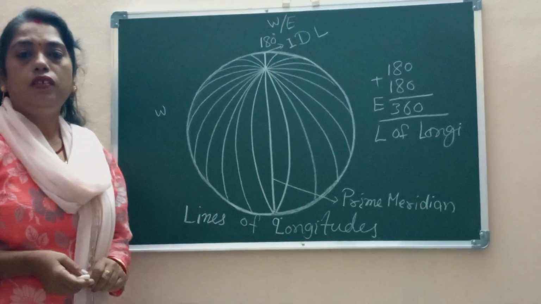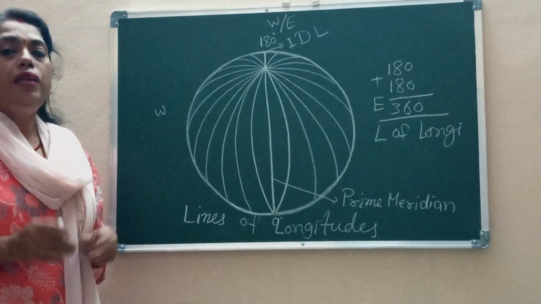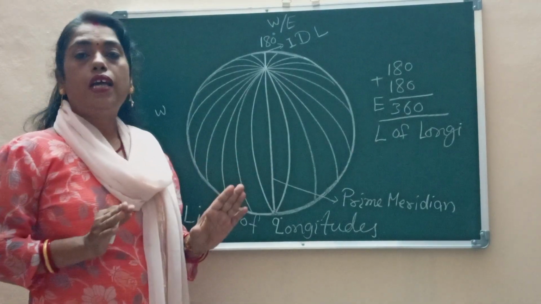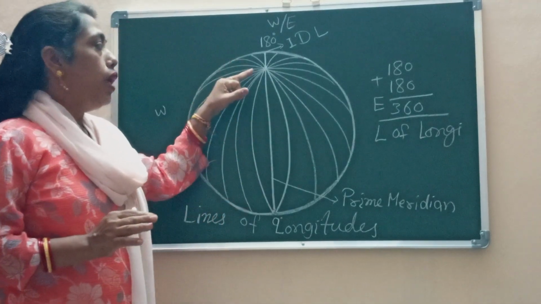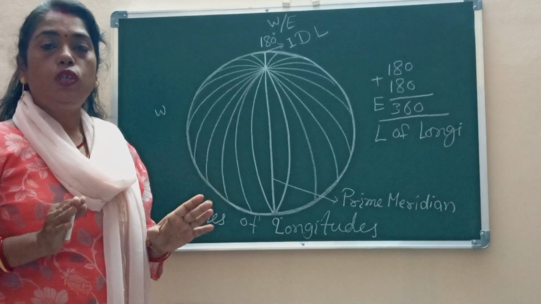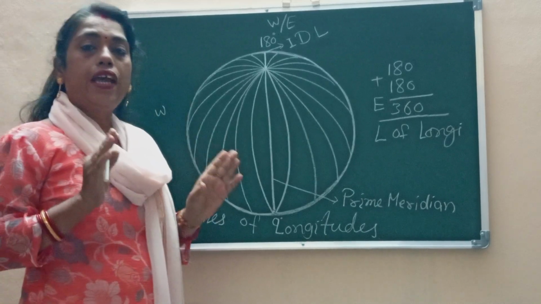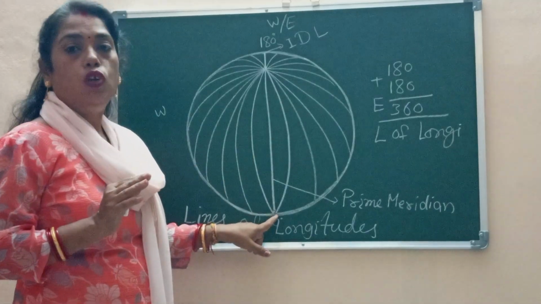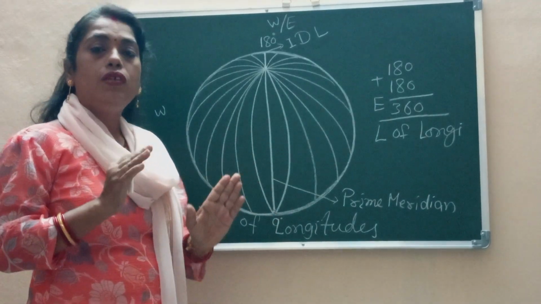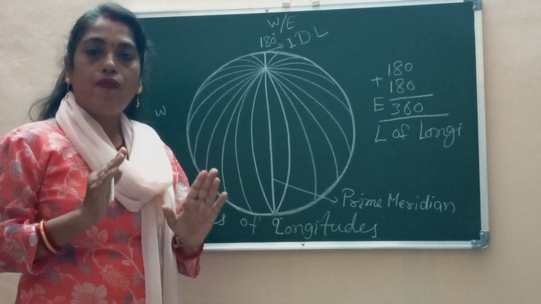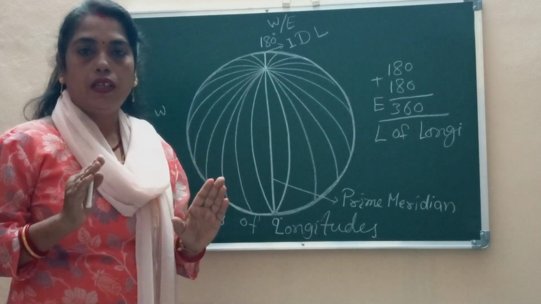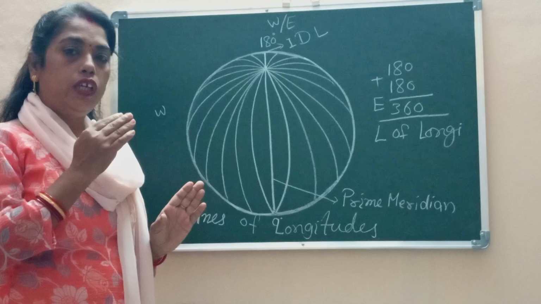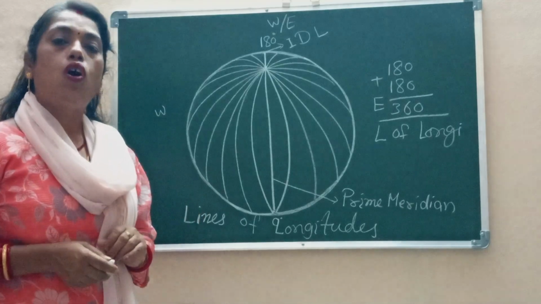Is it clear, children? The main properties of longitude are that every line of longitude starts from the North Pole and comes to the South Pole. Each has the same length. Every line is a semicircle and they are measured from the Greenwich 0 degree to 180 degree east or west.